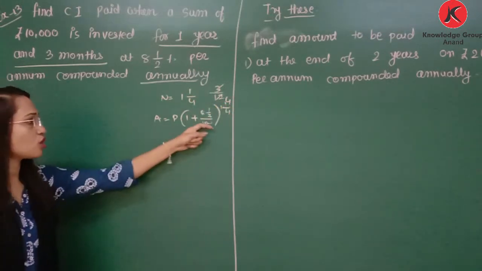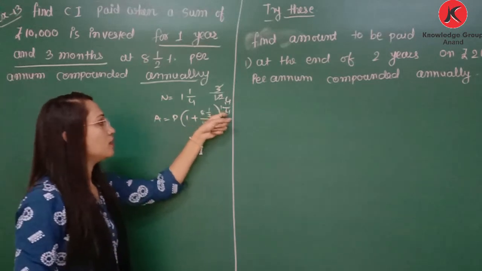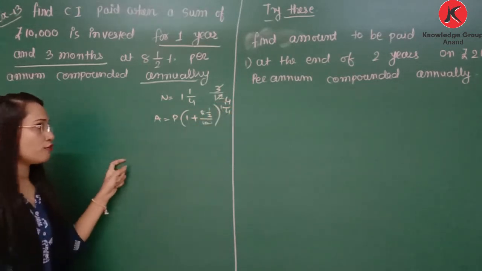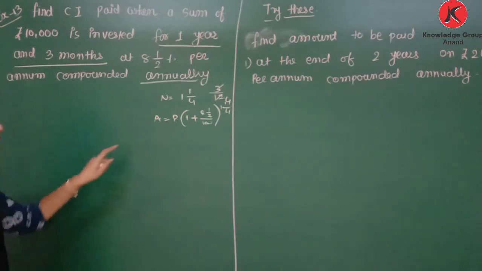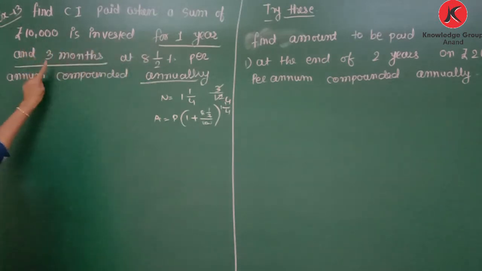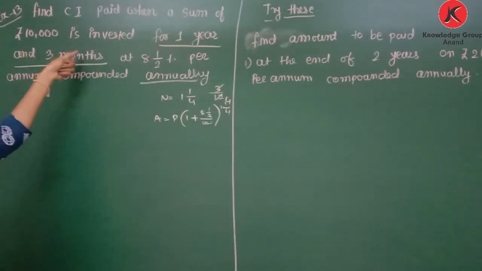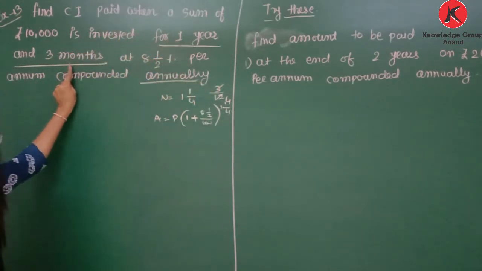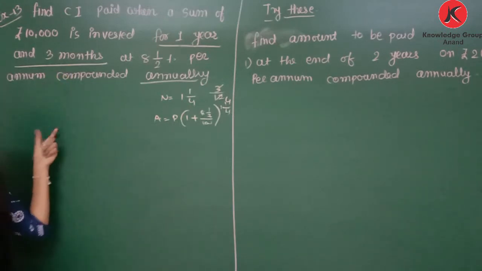So we cannot solve this example when the exponent is 1 1/4. So for this kind of example, what we need to do is find the compound interest for 1 year and simple interest for 3 months by using the amount of 1 year as the principal for the 3 months. Okay, how can we solve that? You can understand if I solve the whole example.